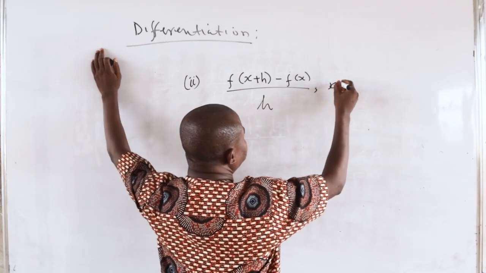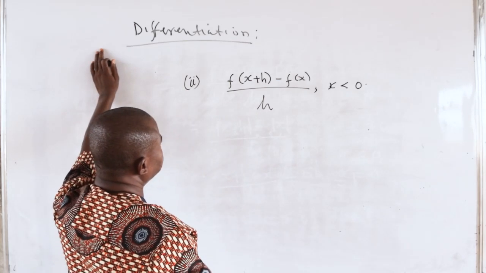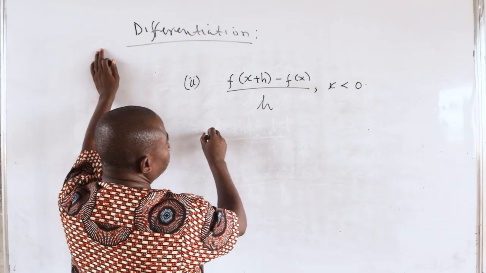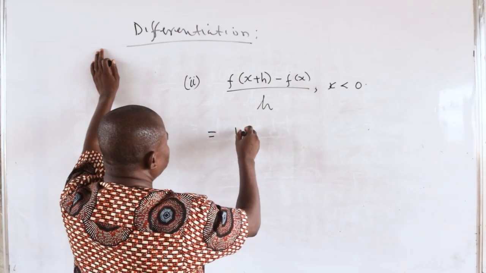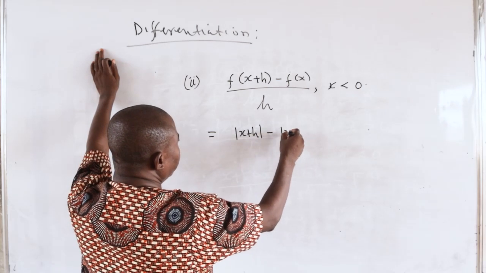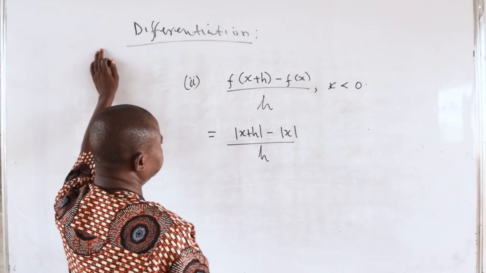We want x to be smaller than 0. So in that case, what we're computing is absolute value of x plus h minus the absolute value of x divided by h.